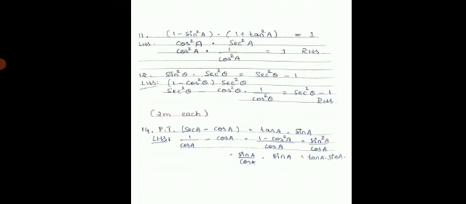Now multiply sec square of theta into 1 and again with the cos square of theta. Then sec square of theta in the next step can be converted into 1 upon cos square of theta. So numerator cos square of theta will get cancelled with denominator cos square of theta. Then you will remain with the answer sec square of theta minus 1, which is the required answer.